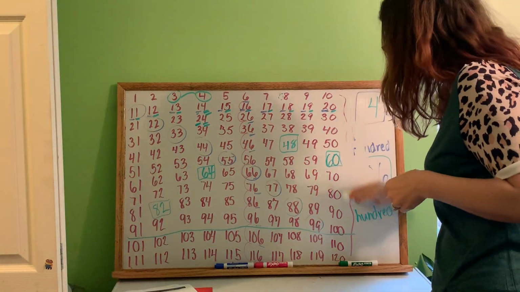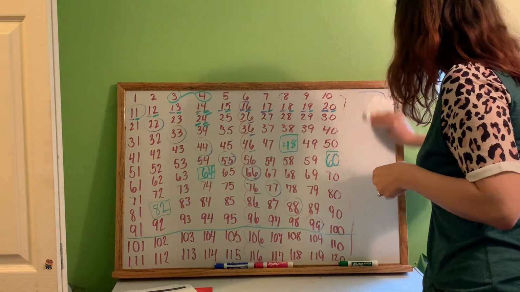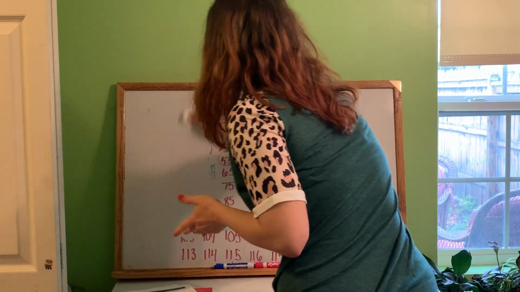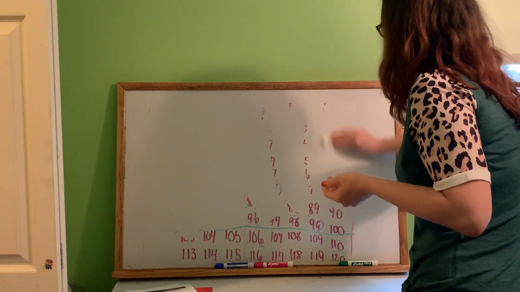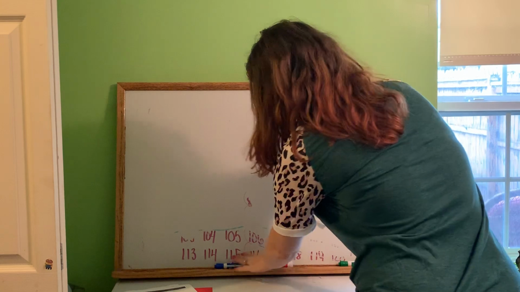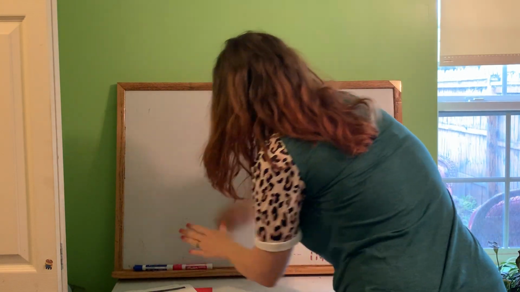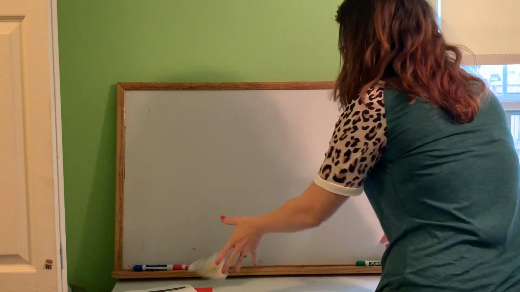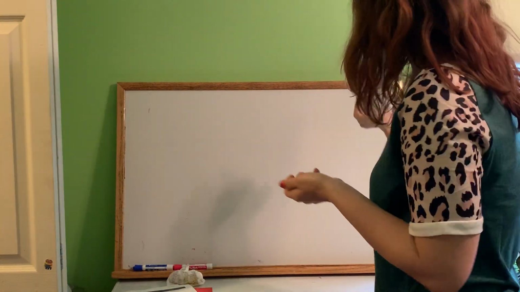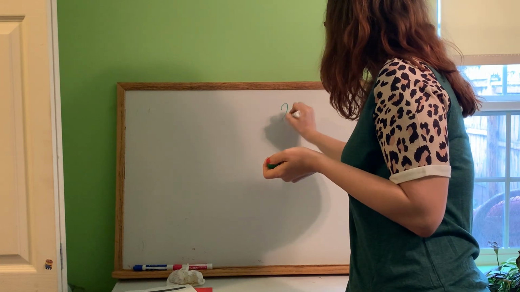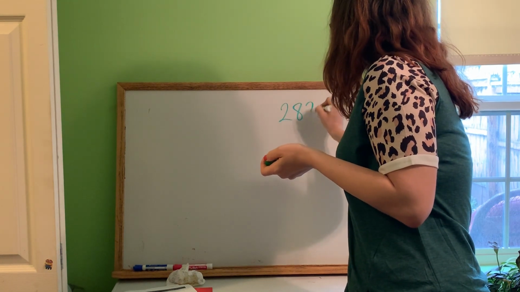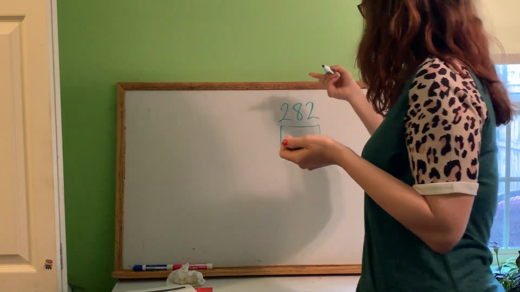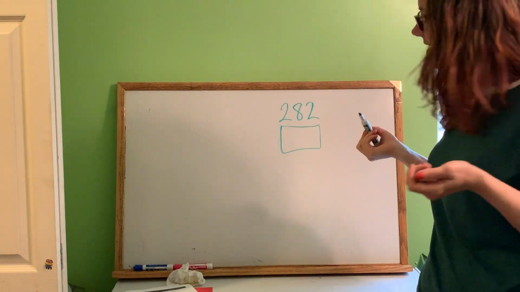So I'm going to give you just one example of how you could make this a little bit tougher if you have a student who you notice is getting everything right, or maybe tells you, oh, that's easy, I can read these numbers already. Now this obviously isn't going to be for most of us, but if you notice that your child is doing this, you could even try giving them 282 and ask them what number would come below it.